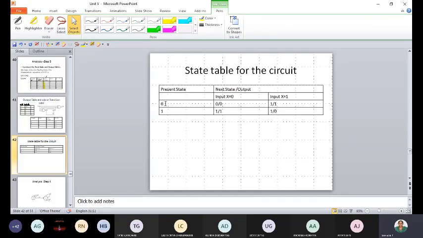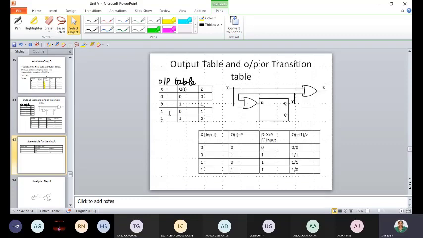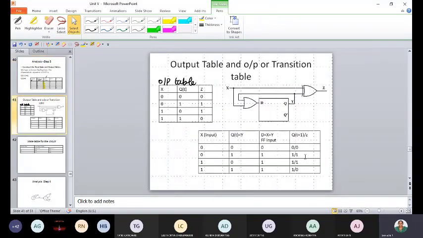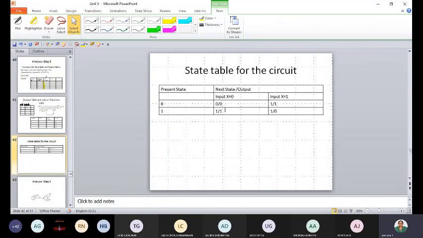Similarly, when your present state is 1 and your input x is 0, the next state is 1 and output is 1, so 1 slash 1. This is what I have written here in these two.